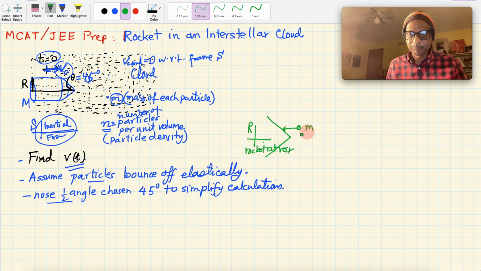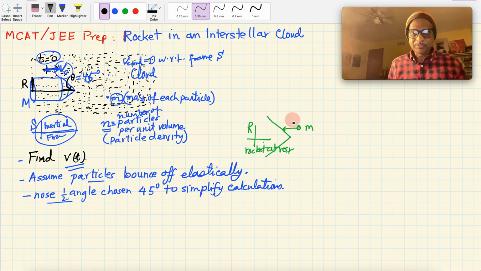So this is little m moving to the rocket. In this frame, you can clearly see that if you look at the bounce off, if this is 45 degrees, then this is 45 degrees, and so it's going to bounce straight up.